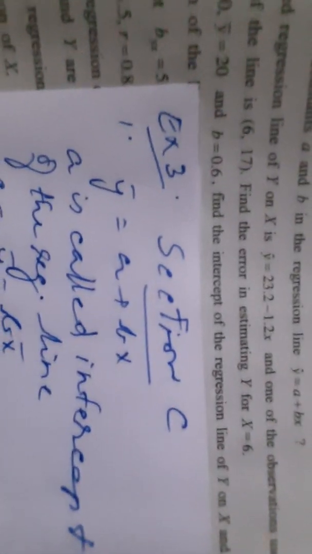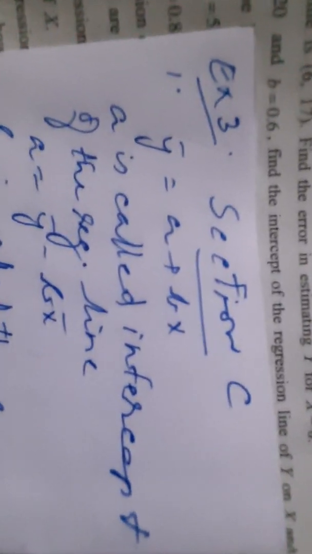You have already learned the formula too. Formula is not asked here, but you can mention it if you have time. You know, y cap is equal to A plus bx, where A is called the intercept of the regression line.